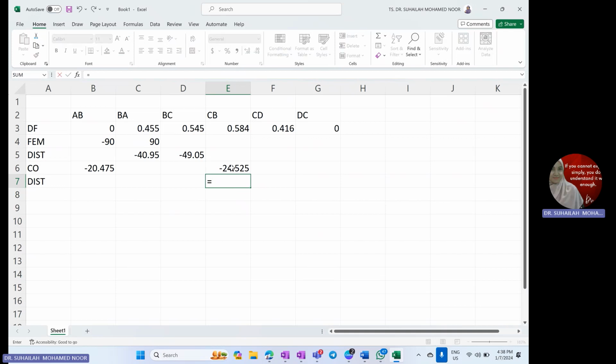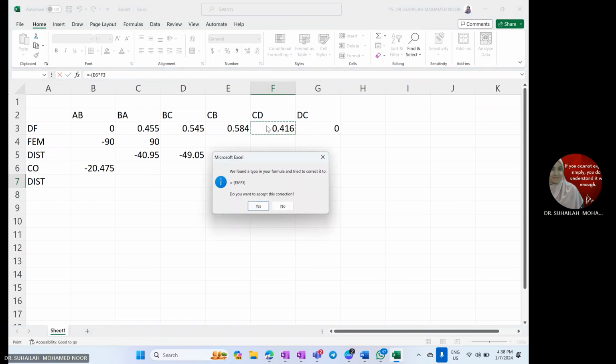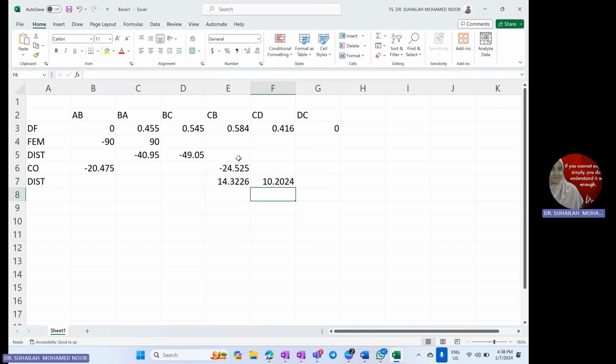So it is 24.525 times 0.584, and the answer must be positive because it is the opposite condition. Negative 24.525 times 0.416. And these values must be 0.